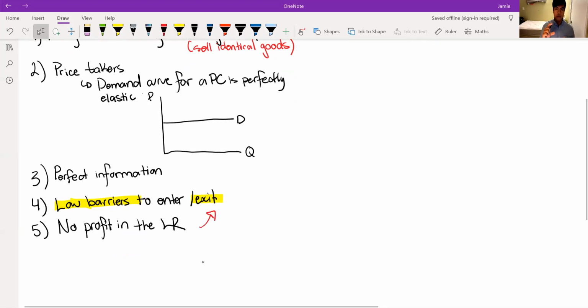If there is profit in the short run for this perfectly competitive firm, other firms will enter this market, which, as we'll find out when we draw it illustratively, will shift the supply curve and lower prices.